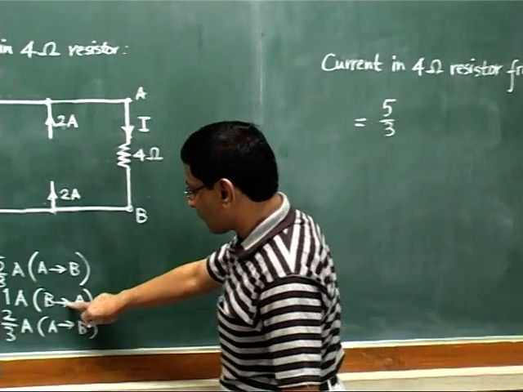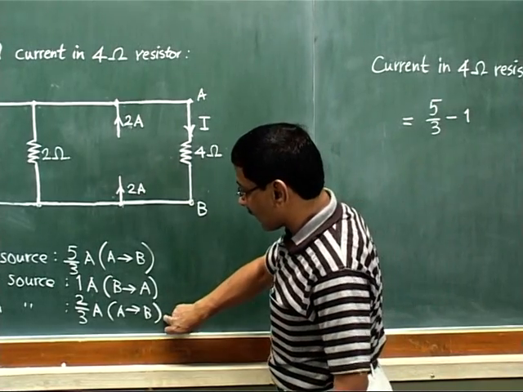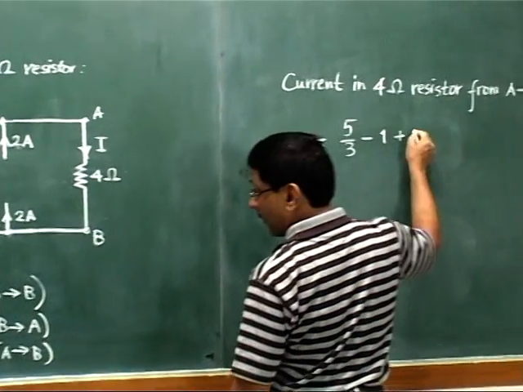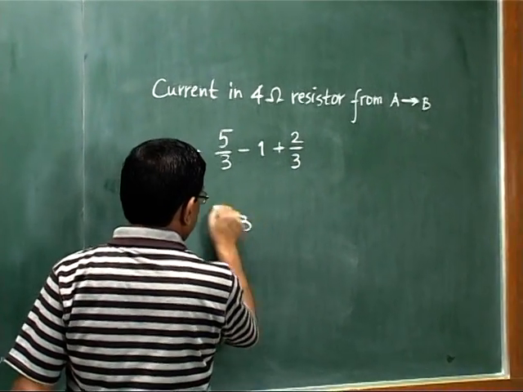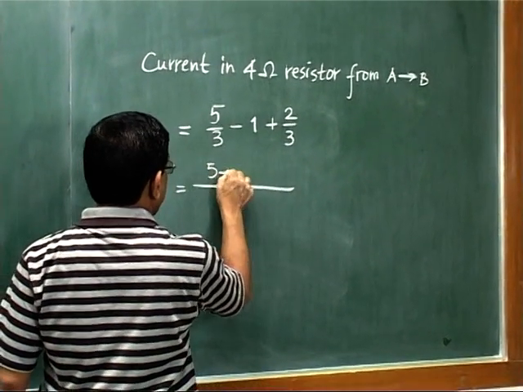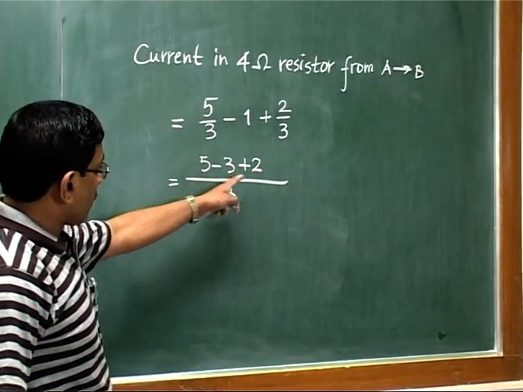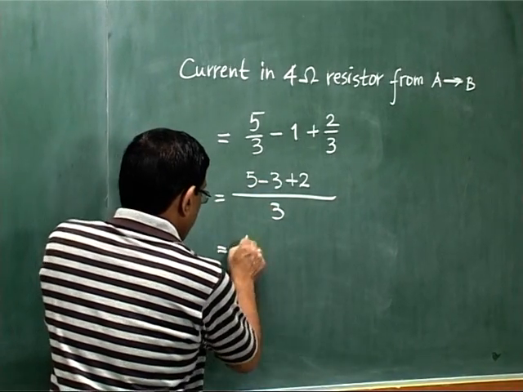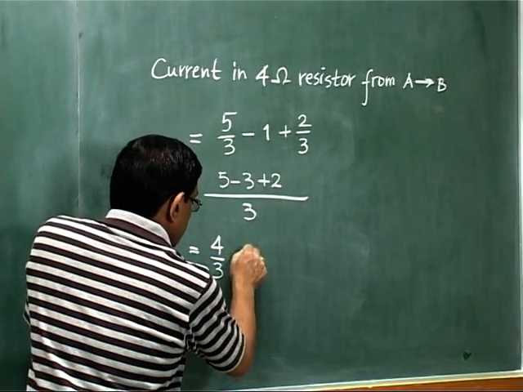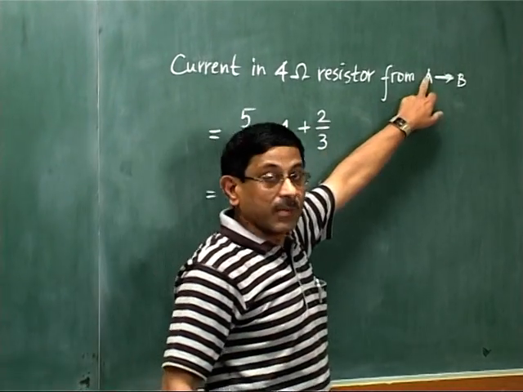Then second value is B to A, so we have to take this as minus 1. And third value is again A to B, so plus 2 by 3. And this answer will be 5 minus 3 plus 2. So 5 plus 2, 7, 7 minus 3 is 4, so it will be 4 by 3 ampere. So this is the final answer, and since we are getting plus value, that means this direction must be true.